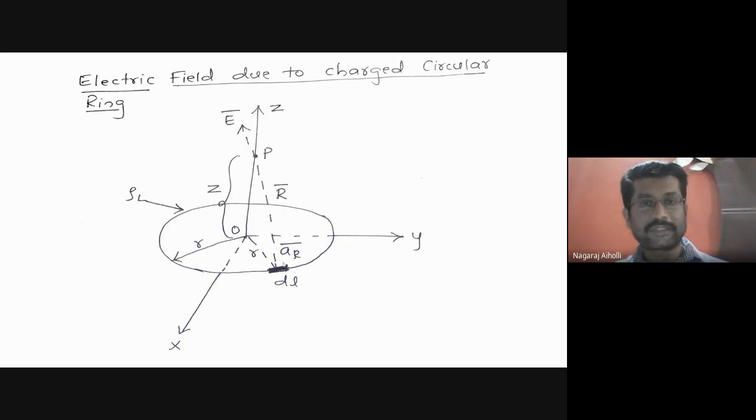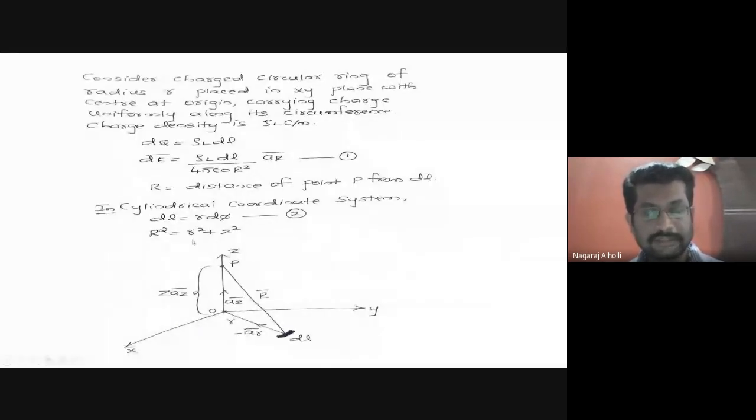Try to visualize, consider one point. Yes, it forms a right angle triangle, correct? Good. So once it forms the right angle triangle, we can apply the Pythagoras theorem: R square is equal to r square plus z square.